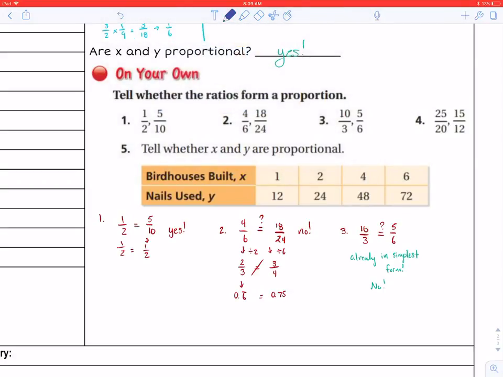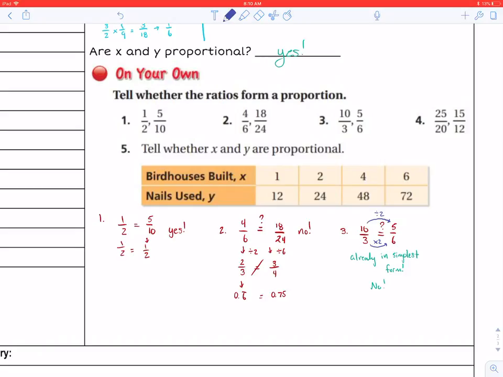Another thing to notice too, because I think that it's something that could kind of trip you up a little bit, is that on the bottom numbers, the denominators, 3 to get to 6 is to multiply by 2, but 10 to get to 5 is to divide by 2. And so because you're not doing the same operation, we don't consider these equal to one another.